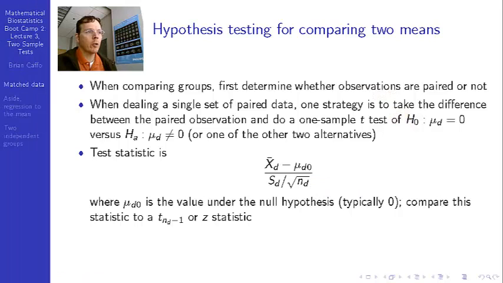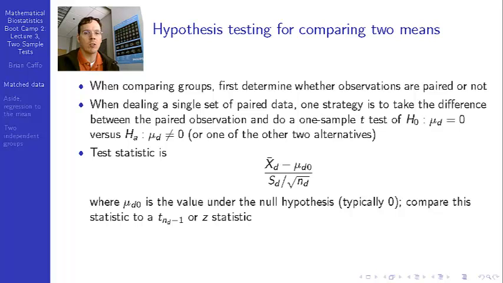So when you're comparing two groups, one of the first things you want to ascertain is whether or not the data are paired. It's a little less clear than you might think at first. The most obvious instance where the data are paired is when the observations are both on the same subject.